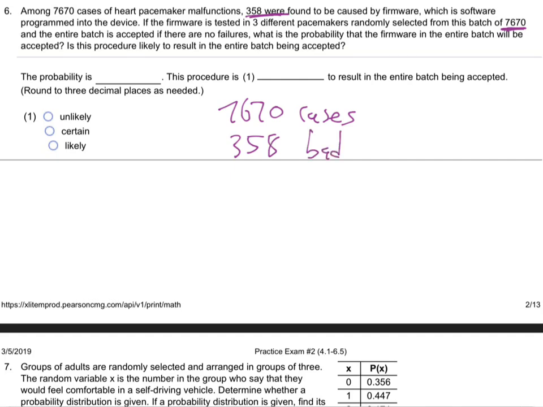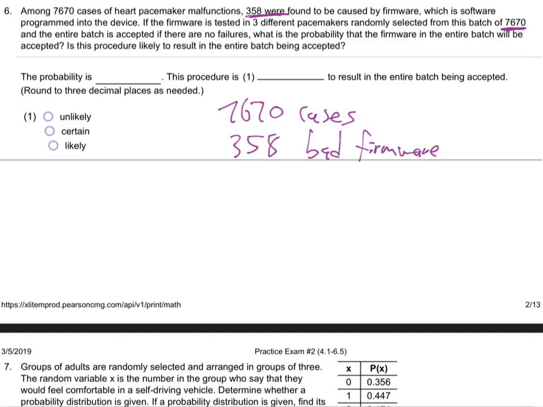Bad firmware. So that's what's really out there in the batch of all of them. Makes sense? There's 7,670 total cases, and 358 are bad firmware. These are all ones that failed.